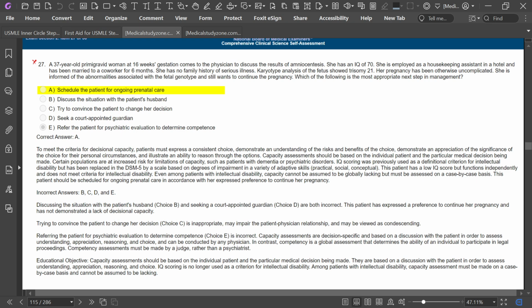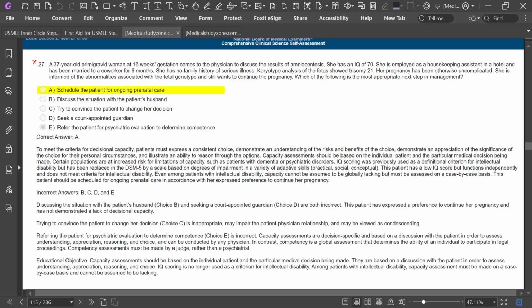So now, I don't understand. What don't you understand? This baby is dreadful, like karyotype analysis trisomy 21, so like a Down syndrome baby. It would be a very big hassle, like it would be lifetime pain if they continue the pregnancy.